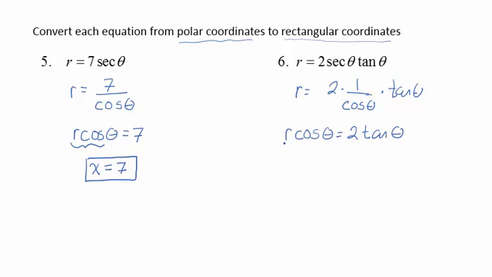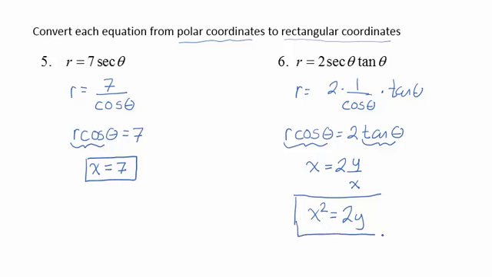Of course, r cosine theta we recognize as x, and tangent of theta you think of as y divided by x. Multiplying both sides of this equation by x, we would come up with x squared equals 2y. And we recognize this as the equation of a parabola in the rectangular coordinate system.